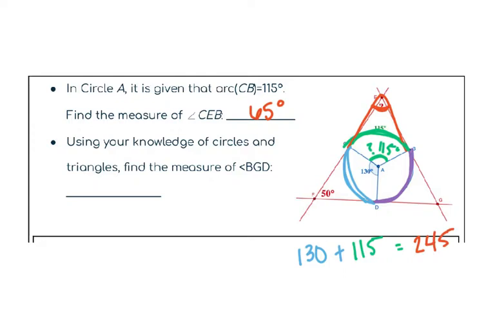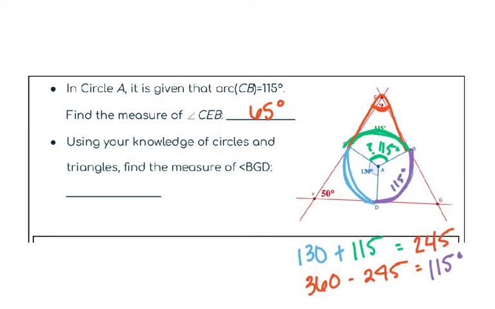And if we take that from 360, it will tell us what the arc is. It will not tell us what the circumscribed angle is, but it will tell us what the arc is. So 360 minus 245 should be 115 degrees. So that's what this arc is.